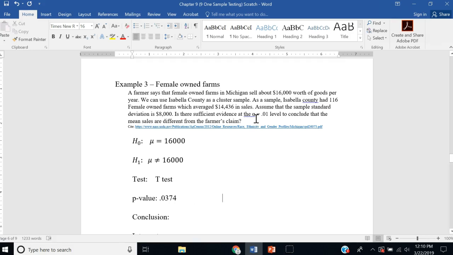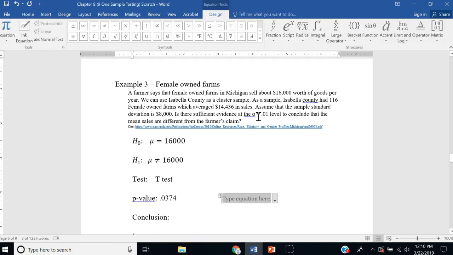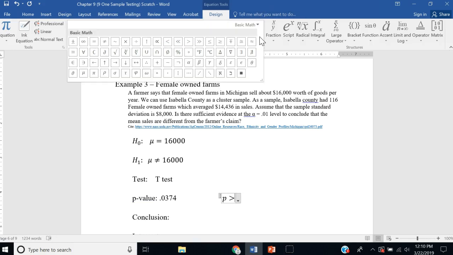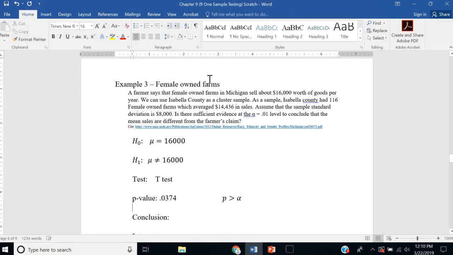Now, let's compare that to the alpha. In this case, the p-value is greater than the alpha. So this is the first time we have p greater than alpha. And p greater than alpha versus p less than alpha means, well, how far was our sample average from our guess?